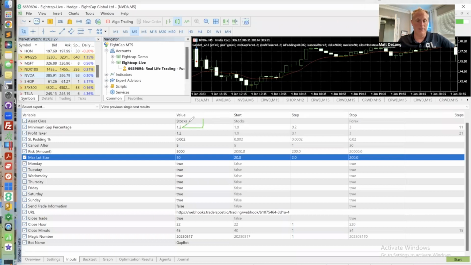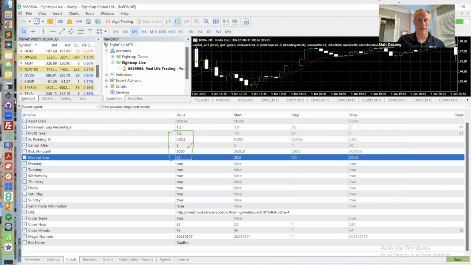But this is all based off of a minimum gap size. So in this case, I'm looking for a 1.2% gap, and that 1.2% gap has to meet that requirement for it to take a trade. If you're familiar with any of my other day trading bots, a lot of these other things are very similar.